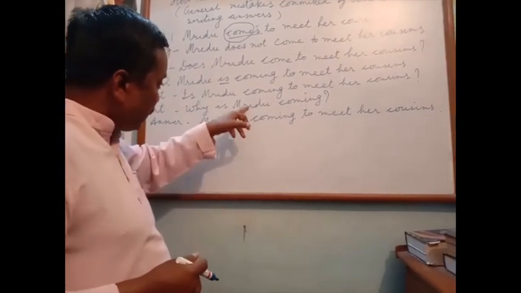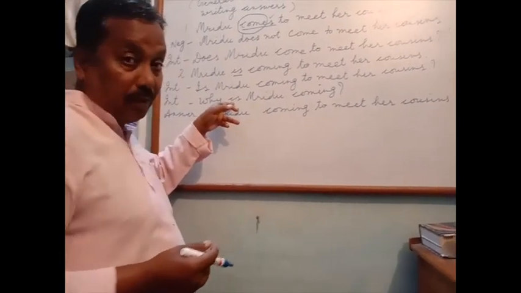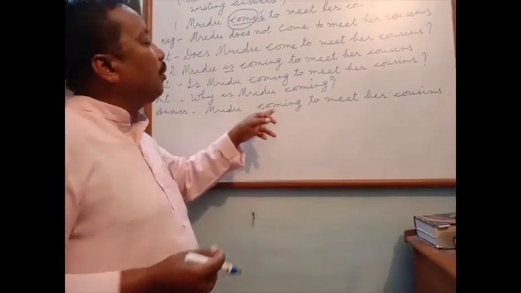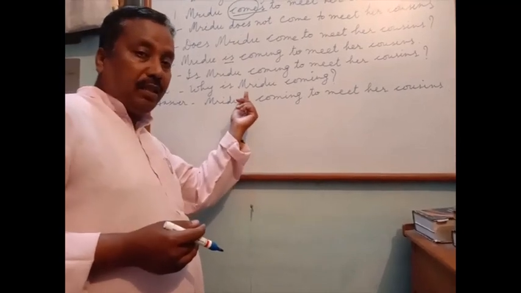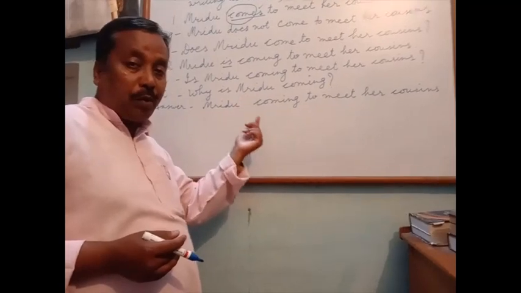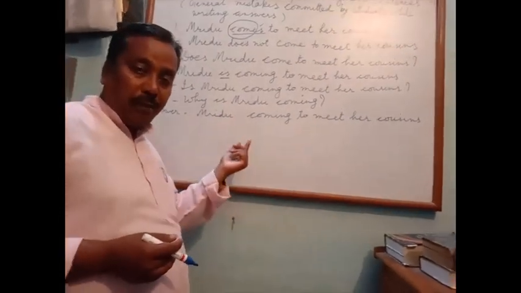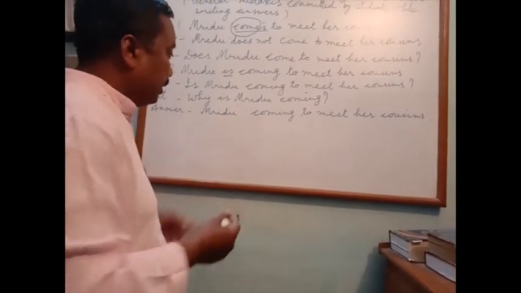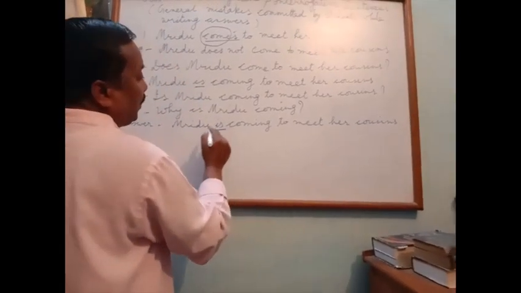So the student takes the subject Mridu and forgets to take the helping verb, and directly writes coming. Mridu coming to meet her cousins. Now here the verb is missing. And we well know that the verb is the soul of a sentence. If there is no use of a verb, the sentence is dead. Here generally students commit mistakes.